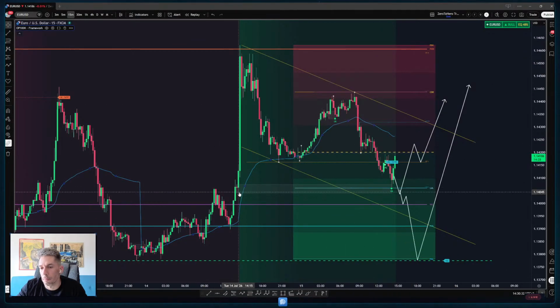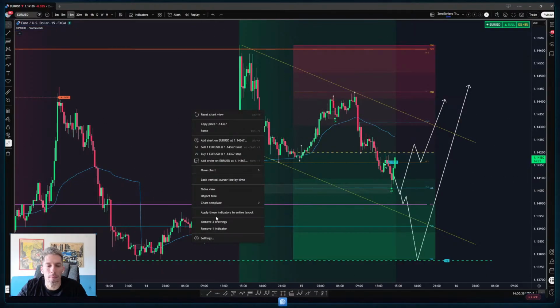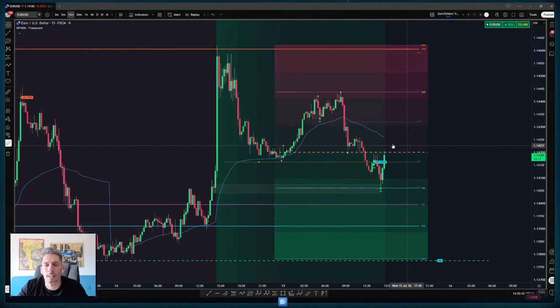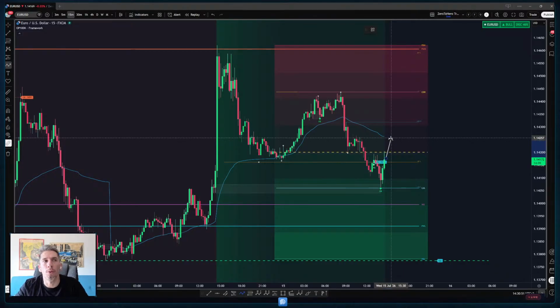Keep in mind, I didn't draw anything here. Everything here is being done by the indicator. That's why I love using the tool, since I don't need to worry about you seeing a different thing compared to me. So what I want to see now would be a close.